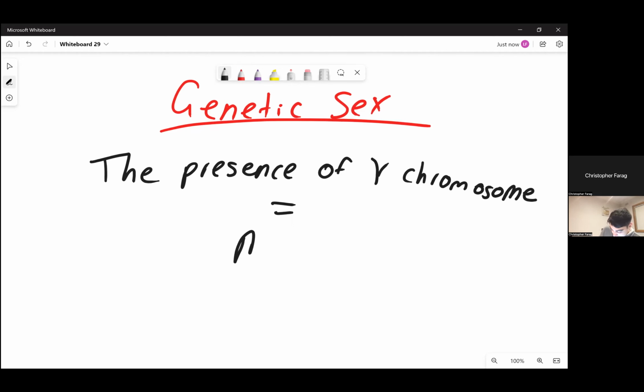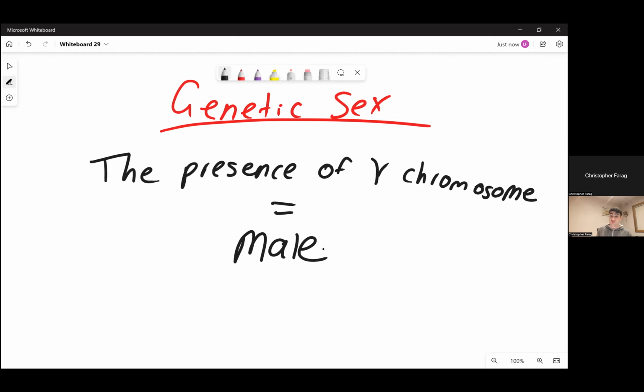The presence of the Y chromosome equals male genetic sex. So typically, if you had some rare genetic conditions where you had 5X chromosomes, or 4X chromosomes, which is actually possible, very, very incredibly rare, but possible, you would be considered female because you lack the Y chromosome.